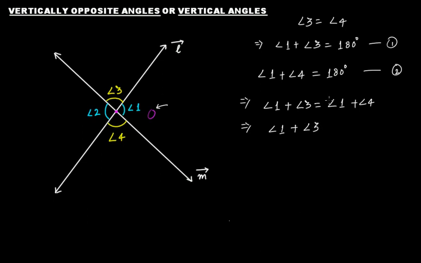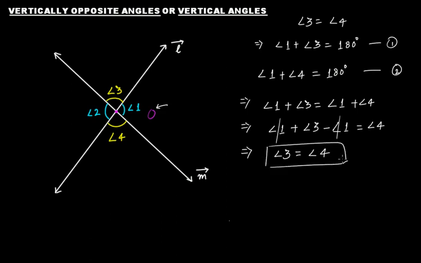If I apply the transposition method on this one, angle 1, if we transpose it, this will be minus angle 1 when it moves to this side, and this will be angle 4. So this will get cancelled. Angle 3 is equal to angle 4. Right? So hence vertically opposite angles are always equal.